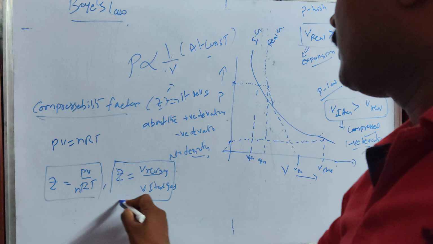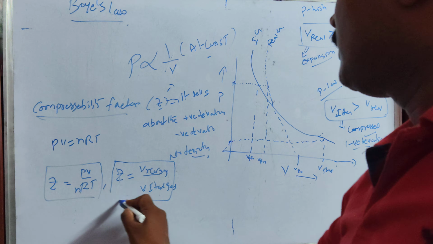If Z is equal to 1, no deviation, it means ideal gas behavior. If Z is greater than 1, then PV is greater than nRT, and also V real is greater than V ideal, which means a positive deviation.